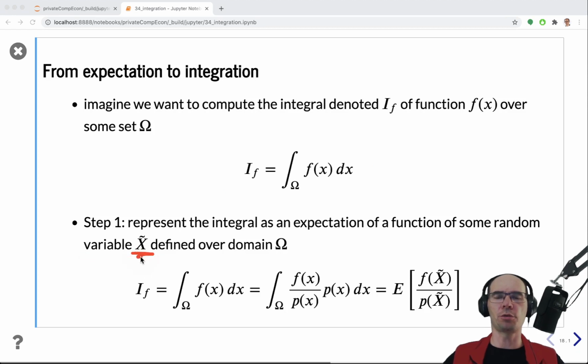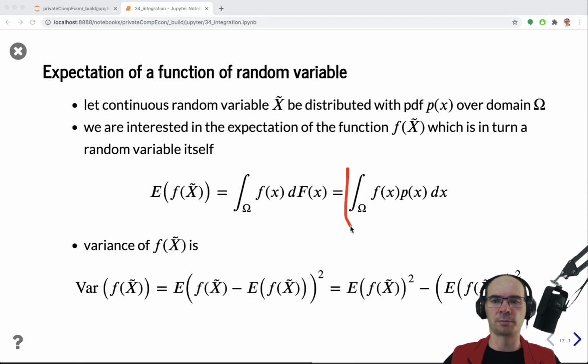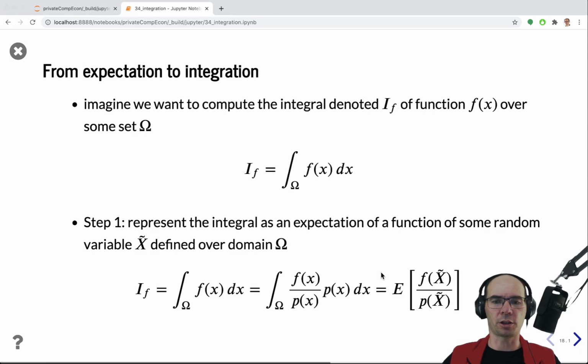And here we can choose the random variable that we use to calculate the expectation. The integral that we're interested in is written like that. Now imagine that we divide and multiply by some probability density function. Then look at this expression here. That's exactly the same as what we had before, except now instead of f, we have the fraction f divided by p.